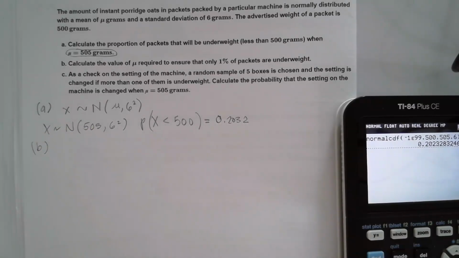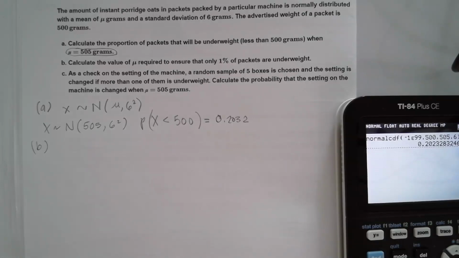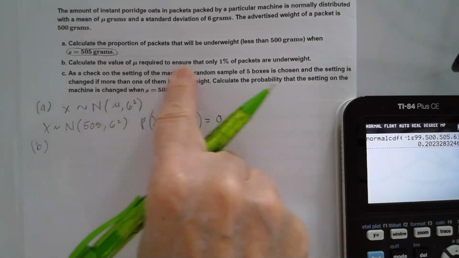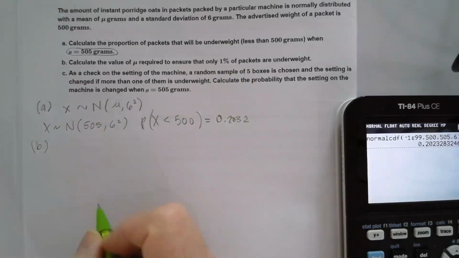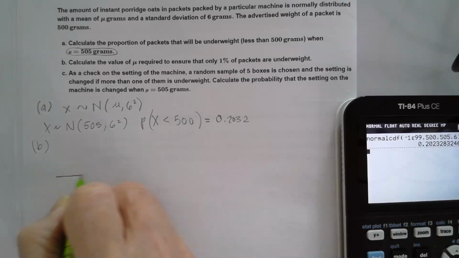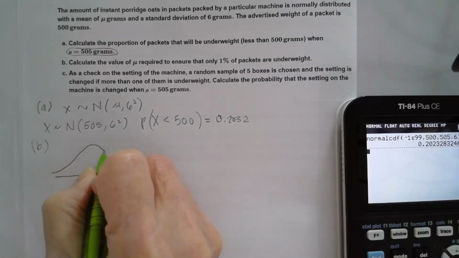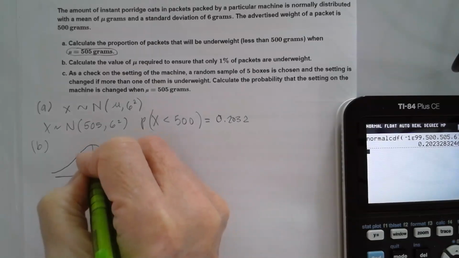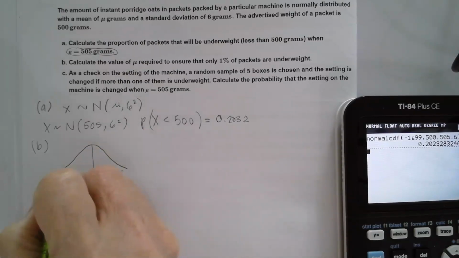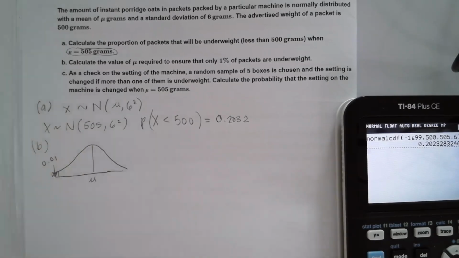Okay. The next one says calculate the value of mu required to ensure that only 1% of packets is underweight. So what I would be looking for on a test is something like this, because I don't know what that is yet, and this is 0.01. Does everybody agree that that's 1%?